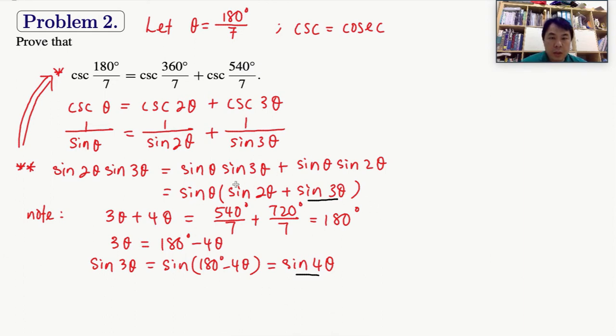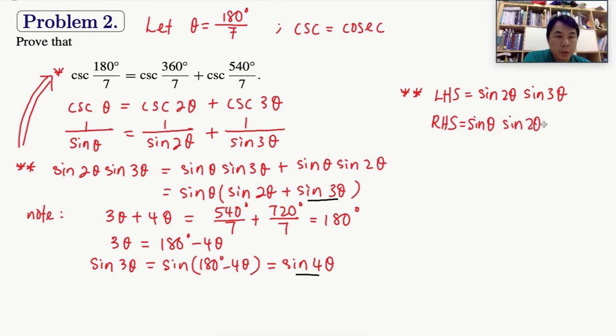Therefore, this statement here, I can rewrite the statement that we're going to prove. So I'm going to rewrite here. So this statement, the double star here, I can rewrite as my left hand side is actually equal to sine 2 theta sine 3 theta, whereby my right hand side I can rewrite as sine theta times sine 2 theta plus sine 4 theta.